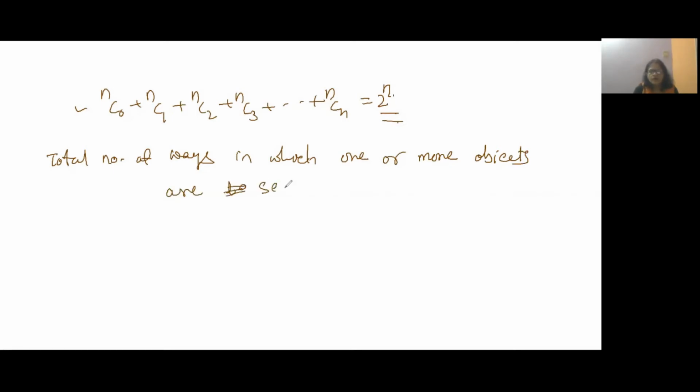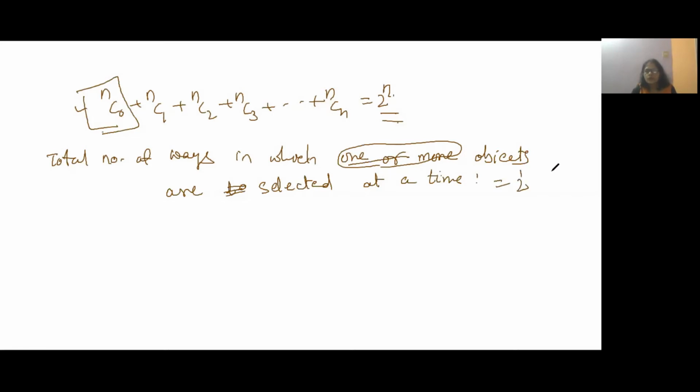Whenever it is given one or more objects, that means you will be taking one or two or three like this. So what we will not be taking? This we will not be taking. So this is equal to 2 to the power n minus 1.